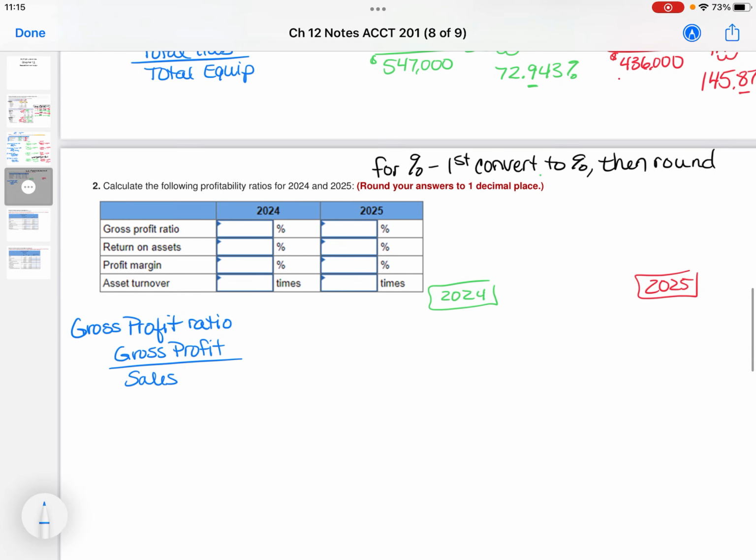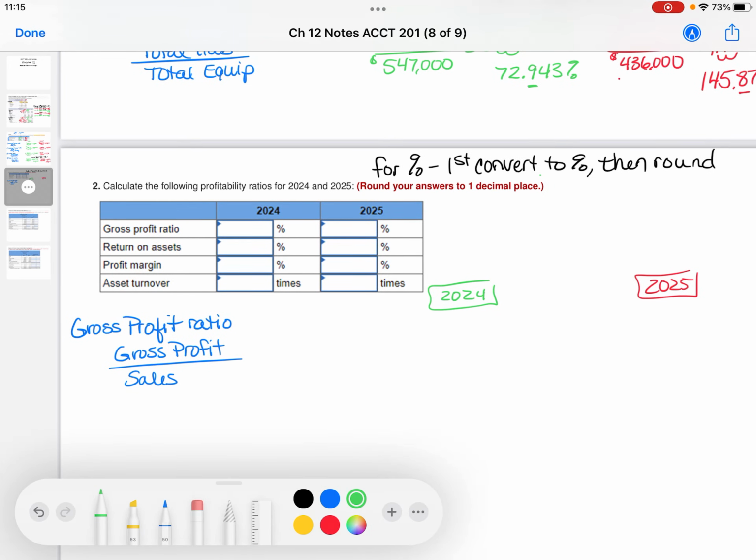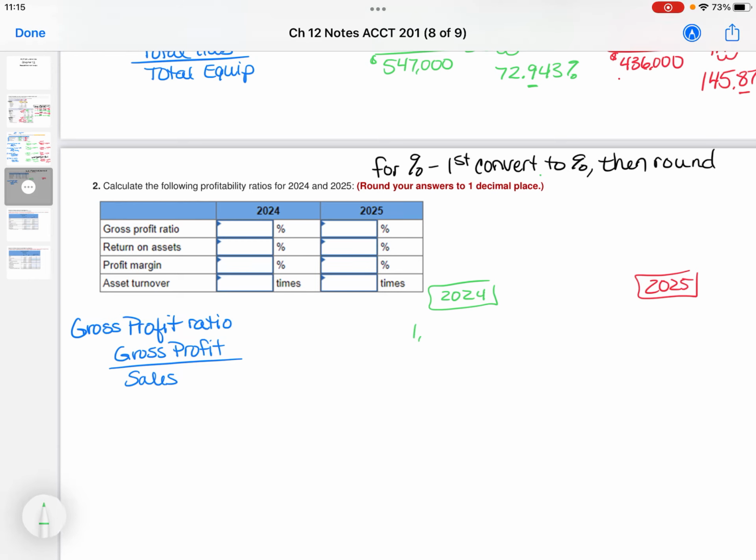So for 2024, our gross profit was $1,126,000, and our gross sales is $3,086,000. So we end up with 0.364874.